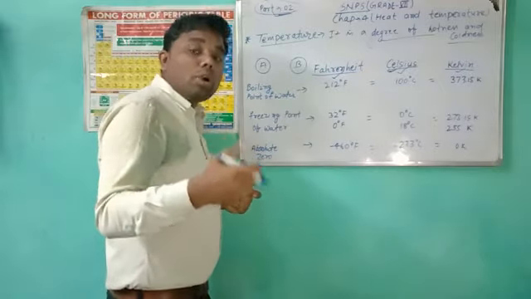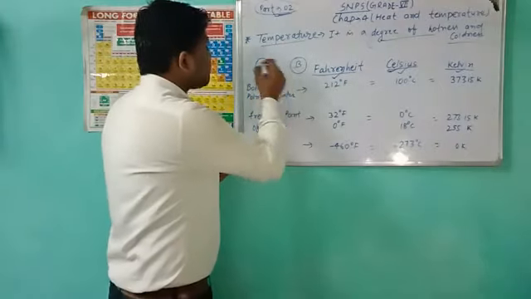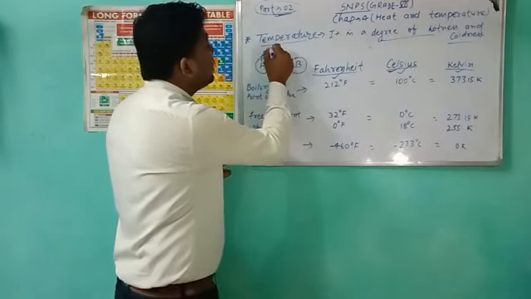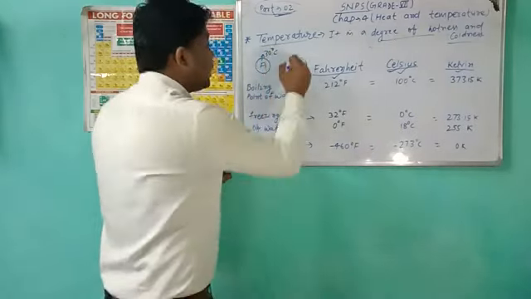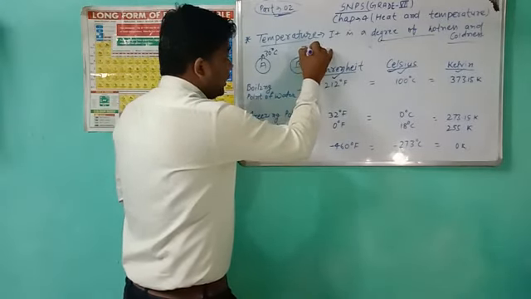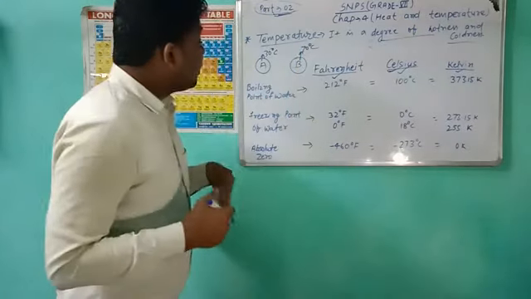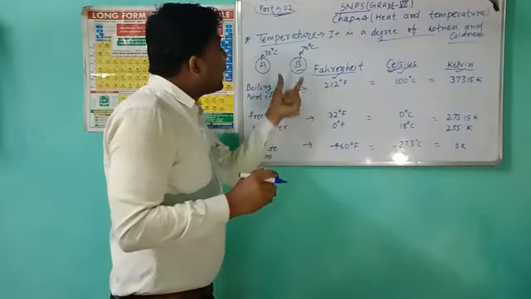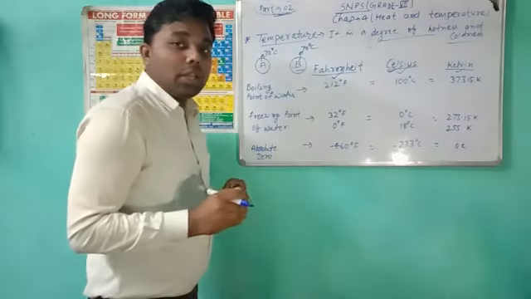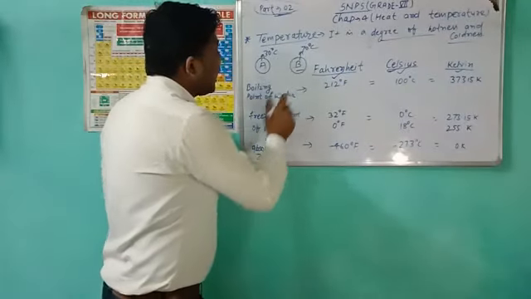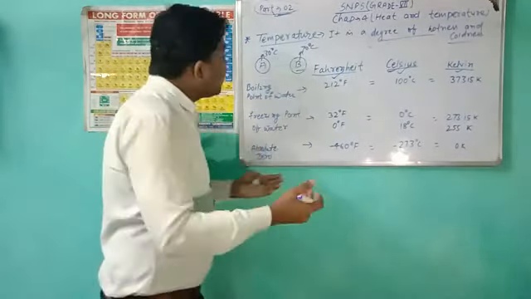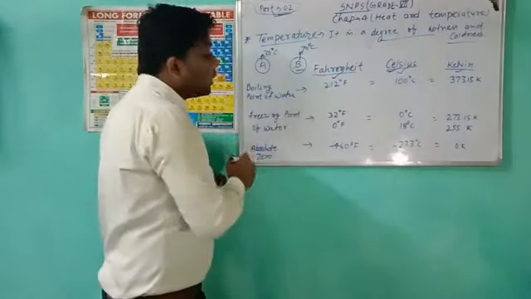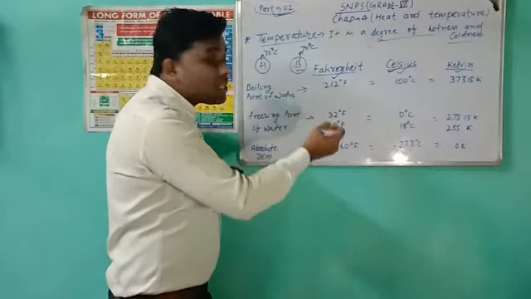Suppose the temperature of A is 30 degree Celsius and the temperature of B is 70 degree Celsius. Then the temperature of B is greater than A, so B is hotter than A and A is colder than B. This is the degree of hotness and coldness.